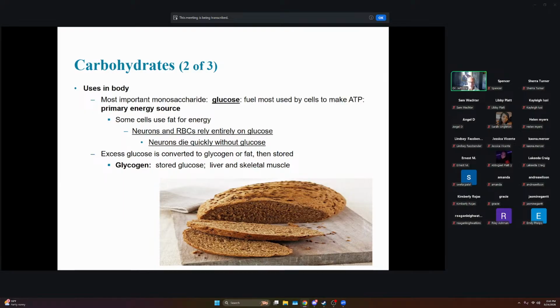Then we're going to start breaking down our stored glucose, which is glycogen, converting it back to glucose and using that for ATP to fuel our leg muscles while we run. Once we get done with that comes the next grab for making ATP, and this is why I said these layers are important to understanding the foundation for what we're going to talk about on Thursday.